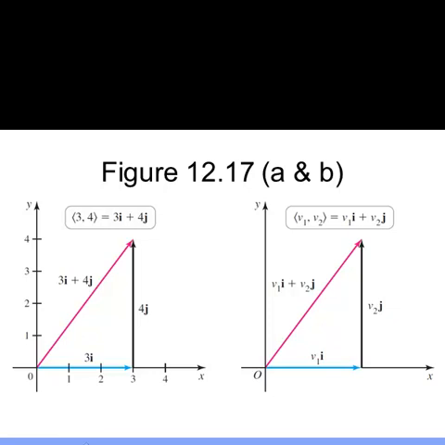So we will oftentimes express vectors as some linear combination of those coordinate unit vectors. So we could have vector 3, 4 that you see here, for example, as 3i hat plus 4j hat.